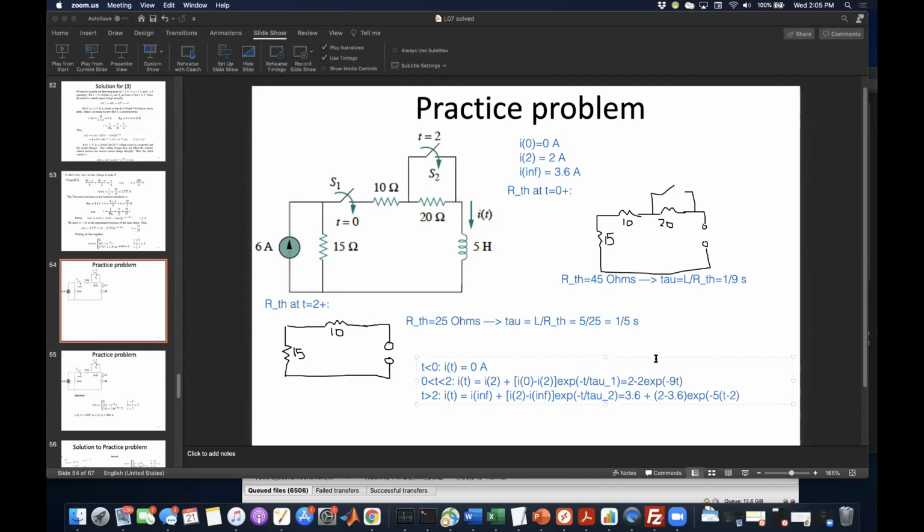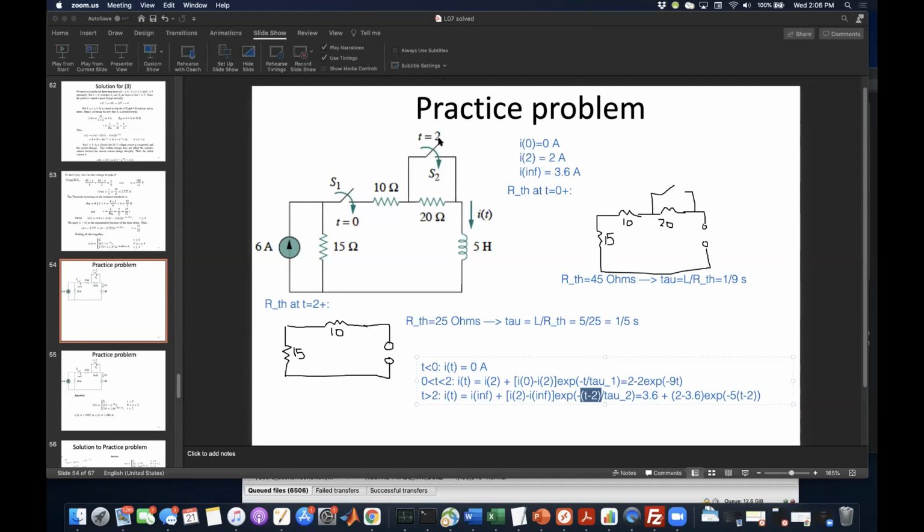T minus 2. All right, so let me just unpack what I just wrote. This is the final condition. This is the value of the inductor current at time equals infinity. Now, the reason that I'm using I of t minus 2: remember we said before that if the switch happens at a time other than 0, we have to delay the natural response by however many units after 0 that transient actually occurred.